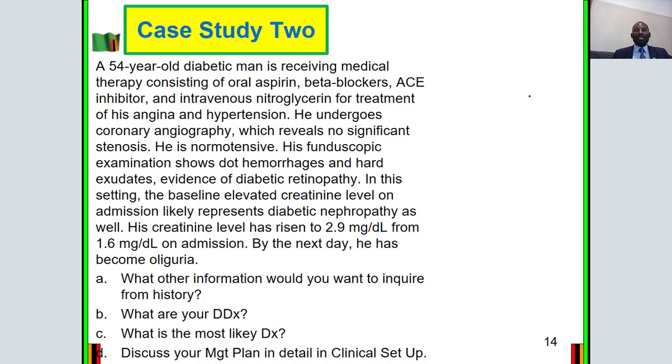In this setting, the baseline elevated creatinine level on admission likely represents diabetic nephropathy as well. His creatinine level has risen to 2.9 mg per deciliter from 1.6 mg per deciliter on admission, and by the next day he has become oliguric.